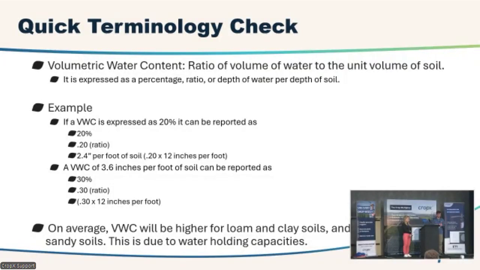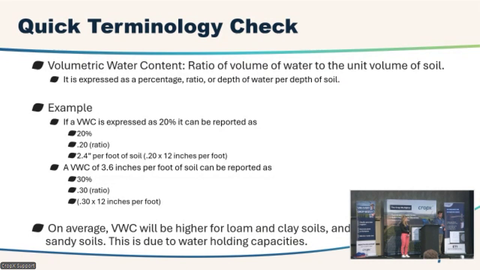So we are measuring the portion of our soil that is water, and that is by volume. So total volume, taking that bucket of soil and breaking down the things inside that bucket and asking ourselves, what portion of that volume is water?